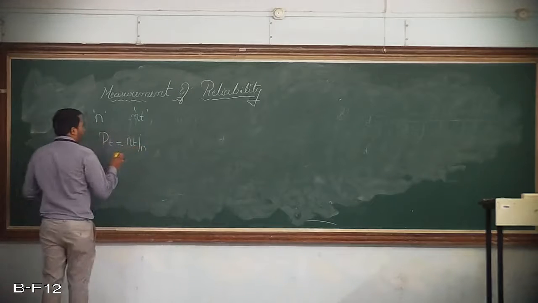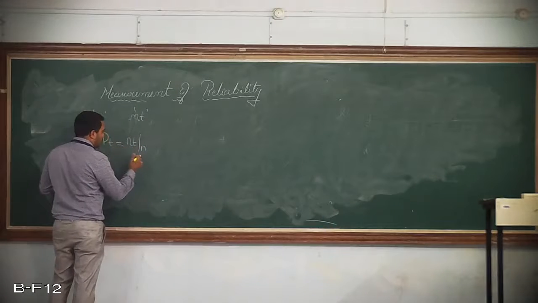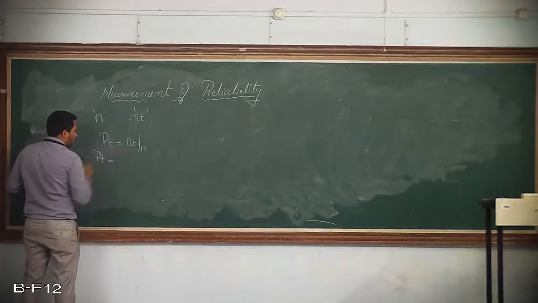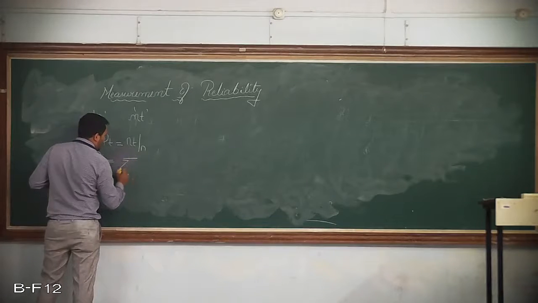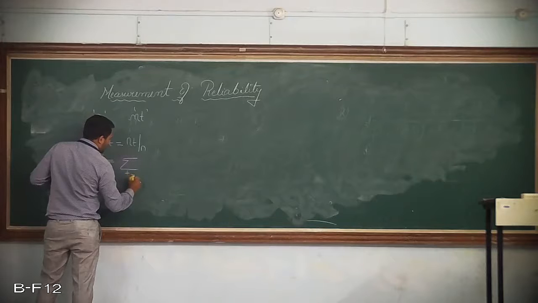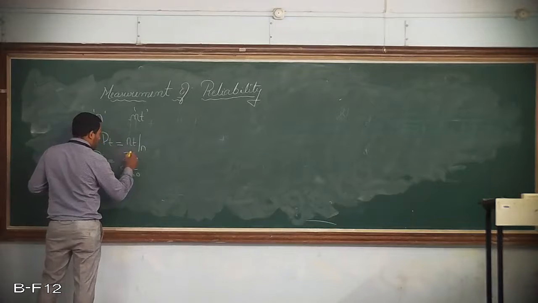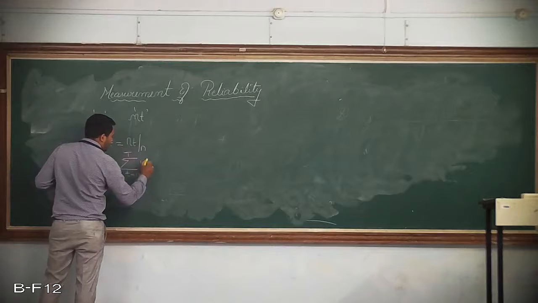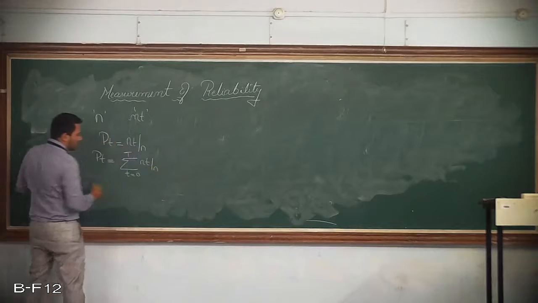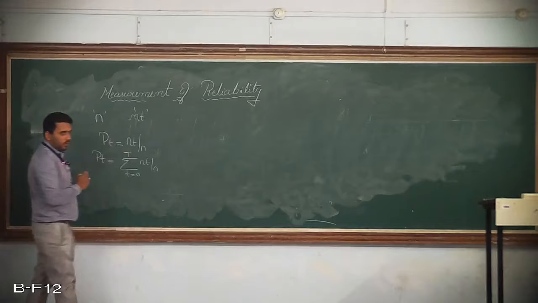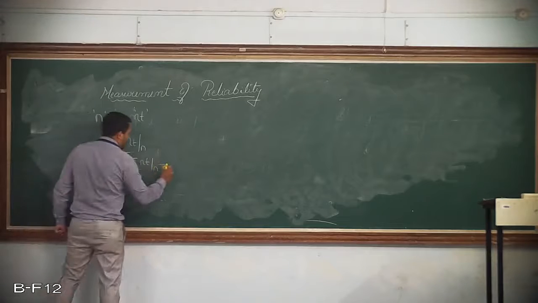But we have taken only a limited period of time. If we consider a long period of time, then this probability of failure can be represented from t equal to 0 to its lifetime, considering the time from the starting to the lifetime. The probability of failure is given by this equation.